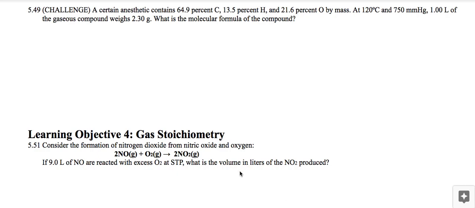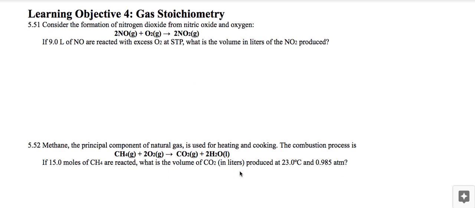Now on to learning objective 4. Gas stoichiometry. So gas stoichiometry is just the same thing as other stoichiometry, where we have those same 3 questions. How do we get to moles?